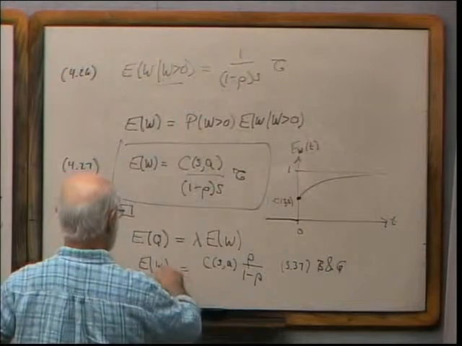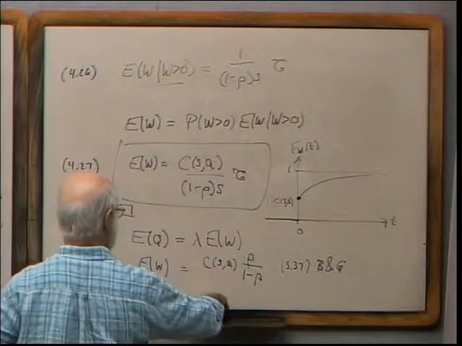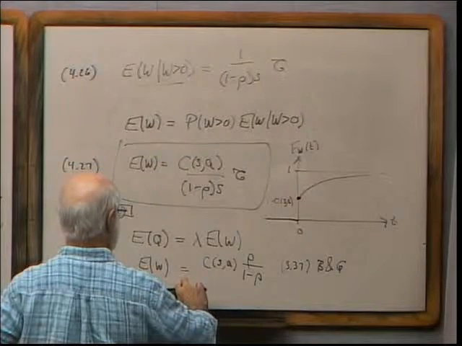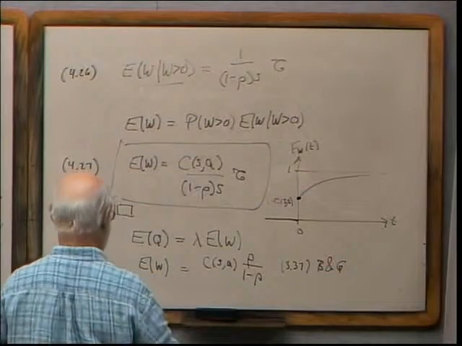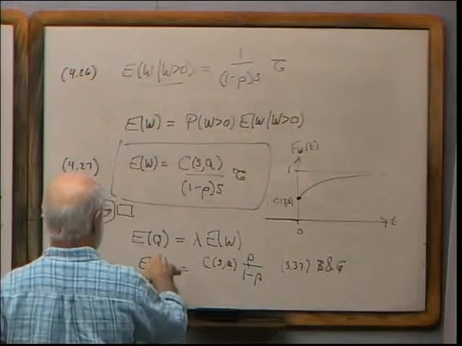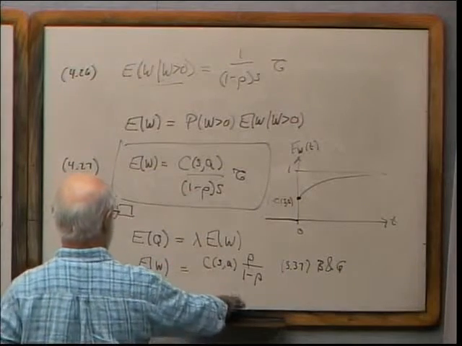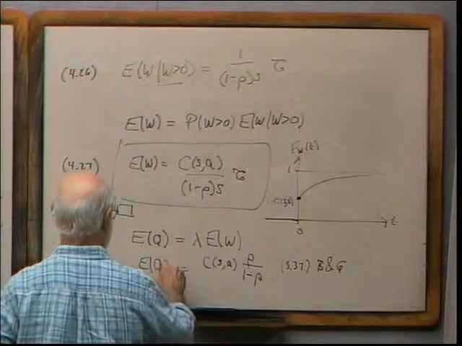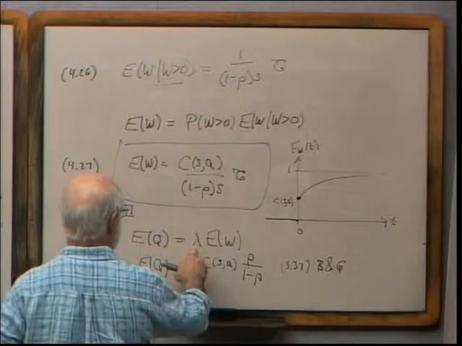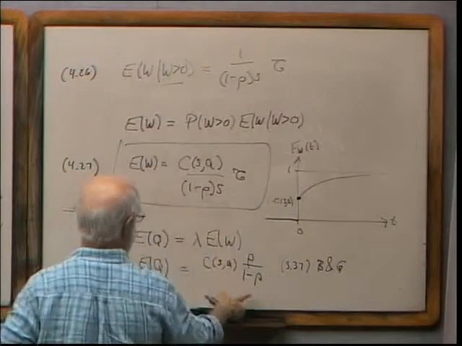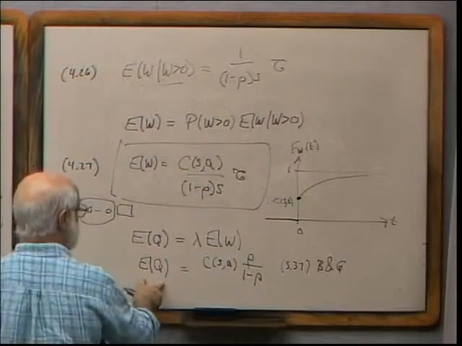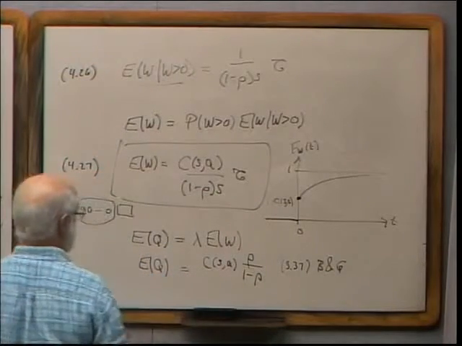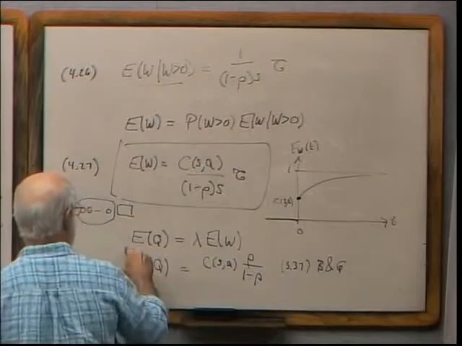This is the average queue length. Okay, let me think about this for a moment. L equals lambda W. So average queue length is equal to lambda times E of W, and that's this right here. So this is the average queue length as given by this formula. Okay, so this is the other important formula right here.